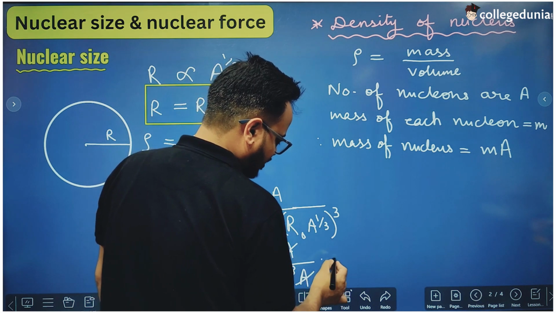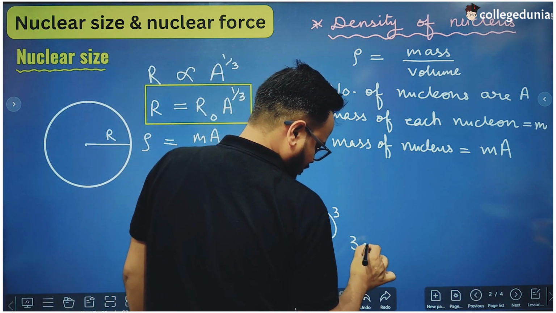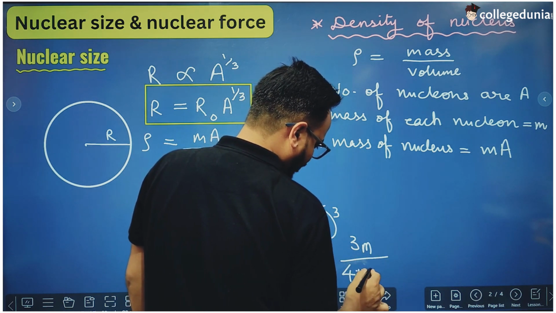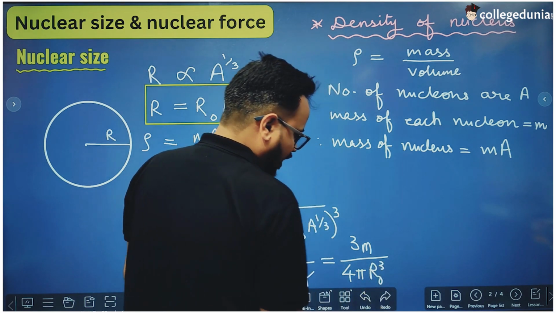If we cancel this A, then it is 3m divided by 4 pi r naught cube.